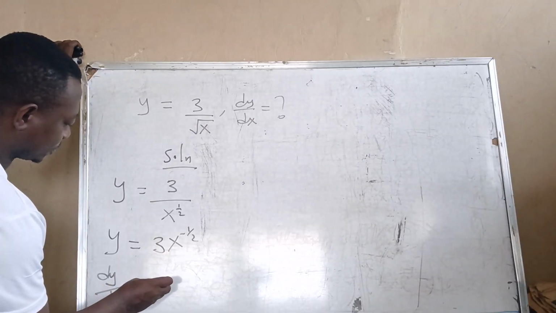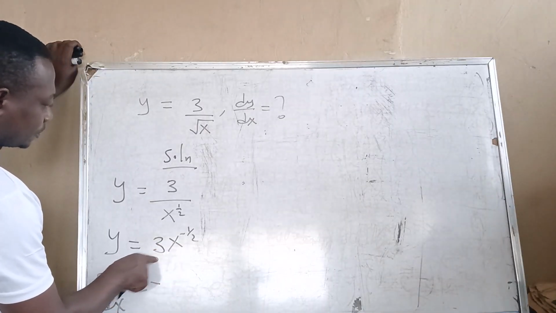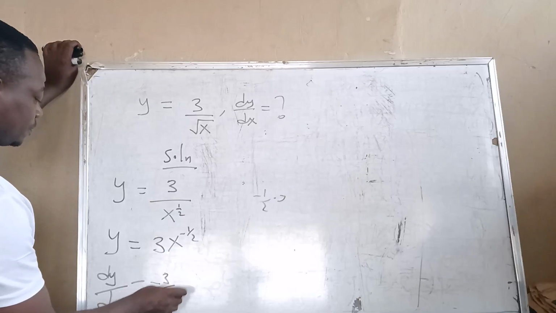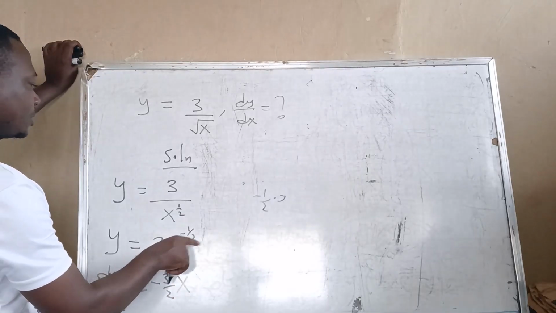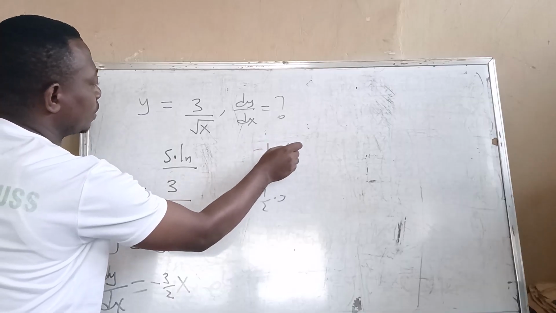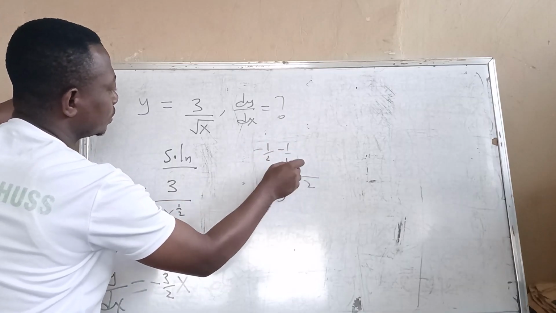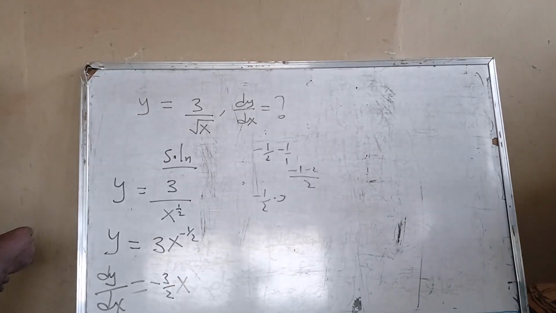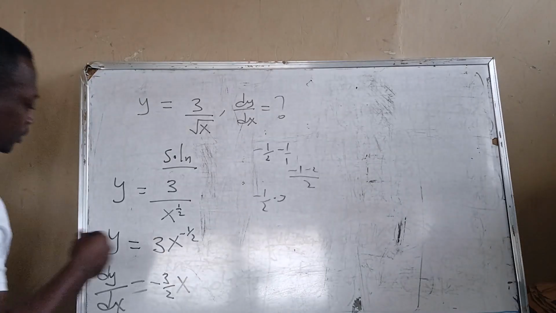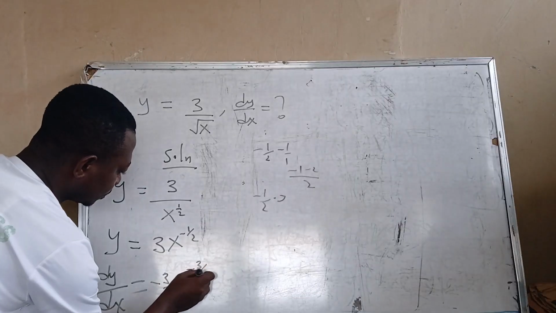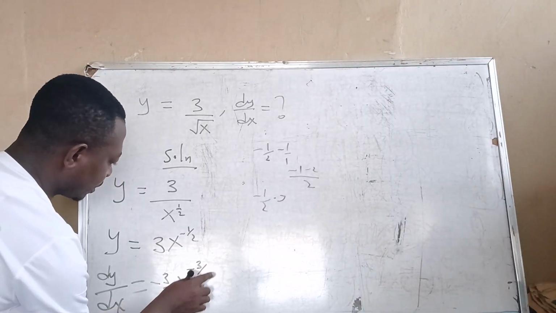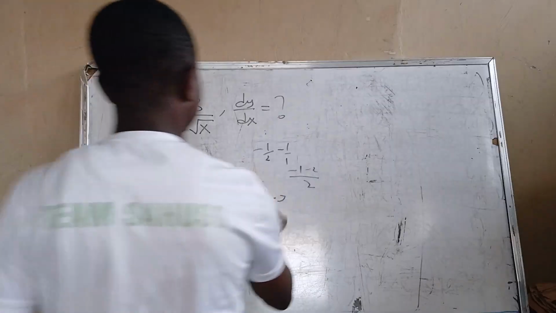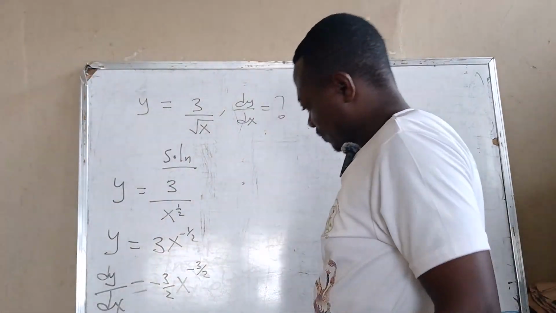So that will be minus half times 3, minus 3 on 2 x to the power minus half minus 1, which is minus 3 on 2. Let me write it well. So let's manipulate this one. You can still simplify further, or you can leave it like this.